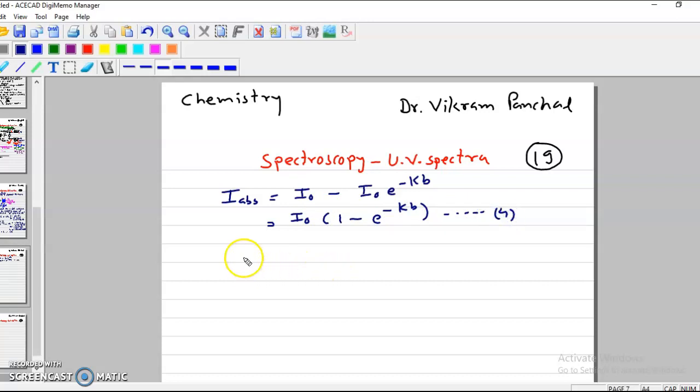Or we can write I is equal to I0 e raised to minus ab also.